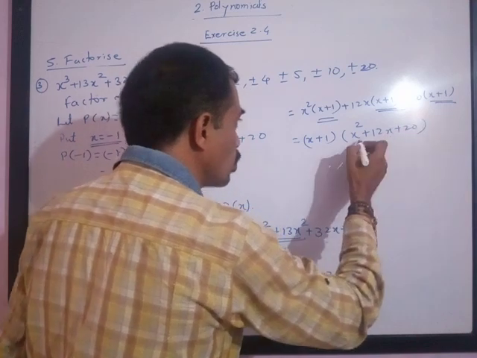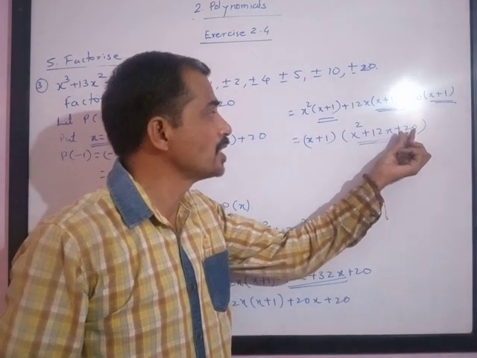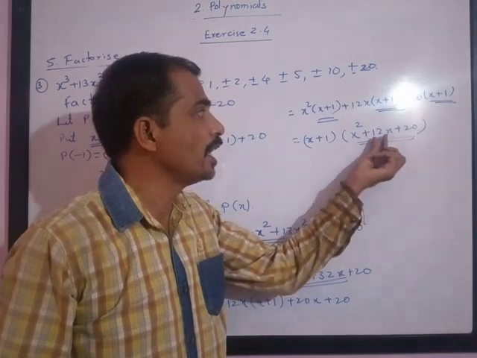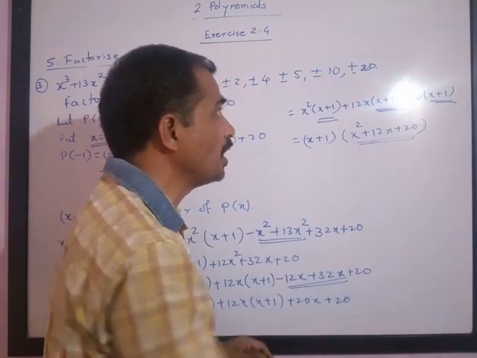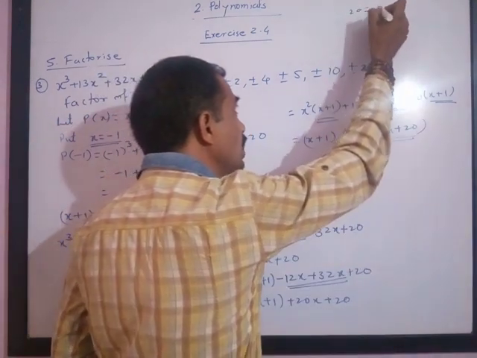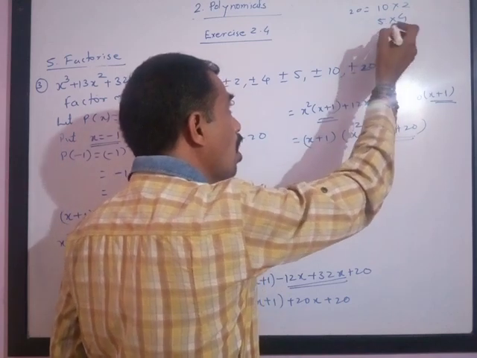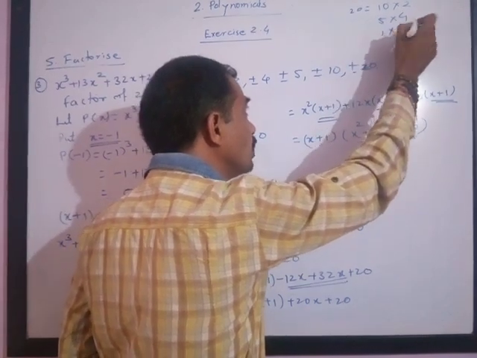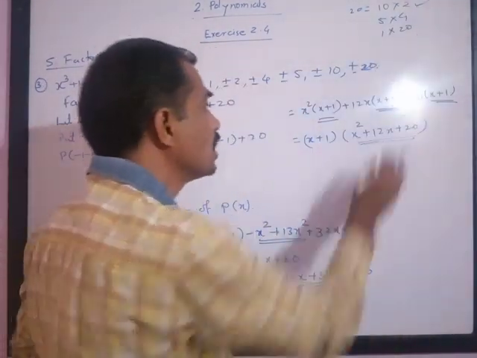We know how to solve the quadratic polynomial. For this, we need two numbers in such a way that their product is 20 and their sum is plus 12. Now if you factorize 20, 20 is equal to 10 into 2, or 5 into 4, or 1 into 20. Here you will notice that if you select 10 and 2, we will get the sum 12.